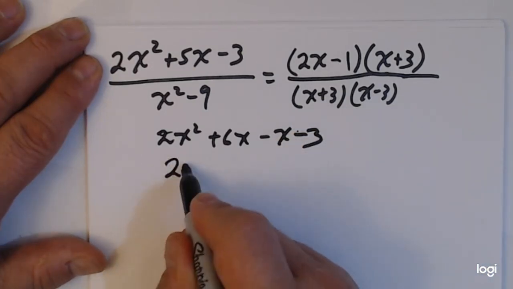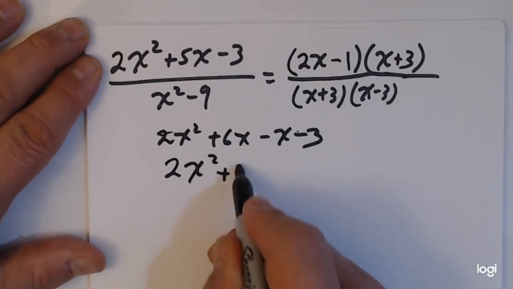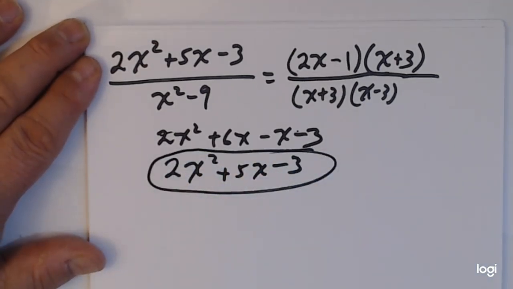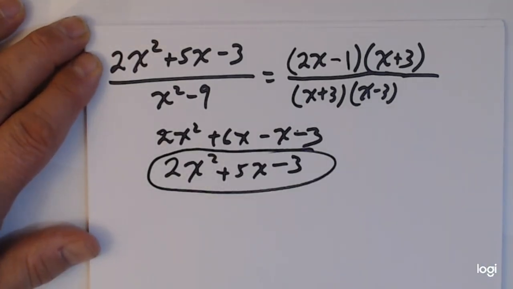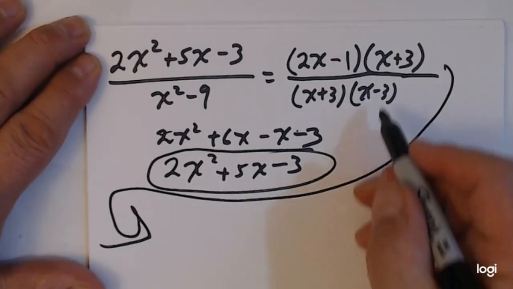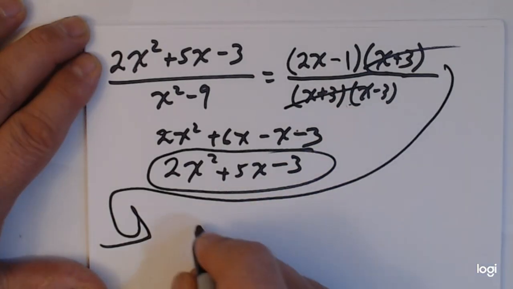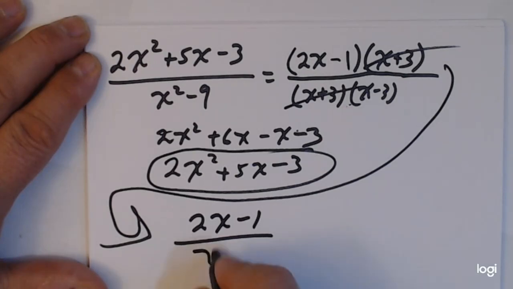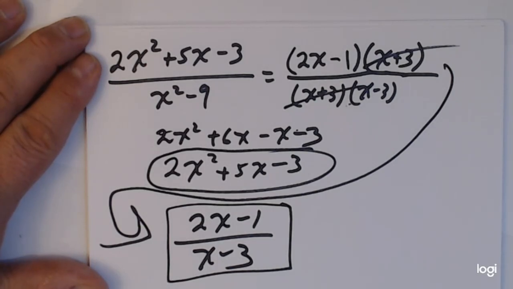And when we combine like terms, 2x squared plus 6 minus 1 is plus 5x minus 3. So that gets us back to what we started with. So now let's take a look at what we have here. The x plus 3's cancel, and that leaves us with 2x minus 1 over x minus 3. And that's our answer.